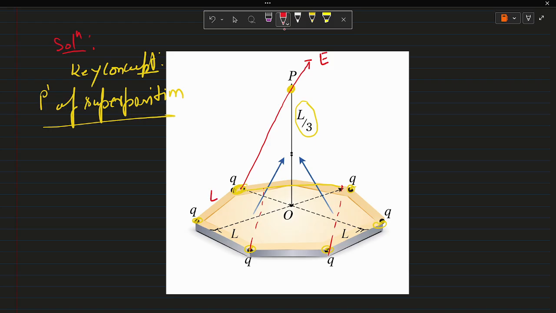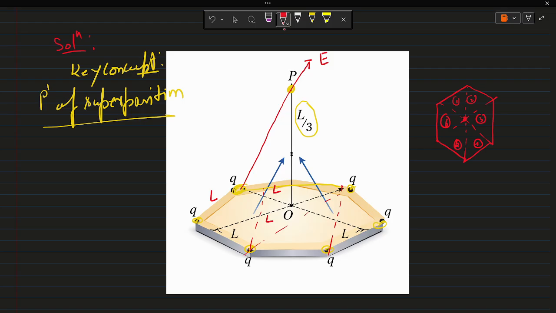So if this length is L, then this length is also L, this length is also L. These lines divide the hexagon into six segments: 1, 2, 3, 4, 5, 6, and they all are equilateral triangles.